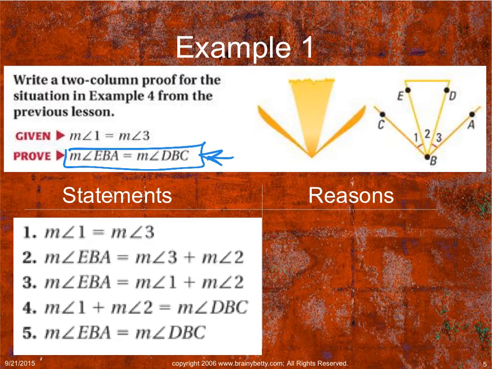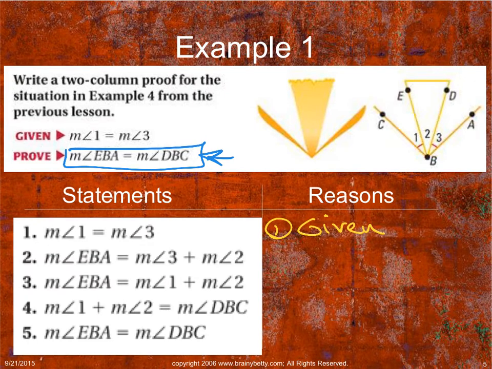So let's go ahead and see if we can figure out what our reasons are for this example. Number 1 should be the easiest one for you, and that is given. Now, when you go to take this test Tuesday, I shouldn't see that answer blank. Everybody should get that question right.